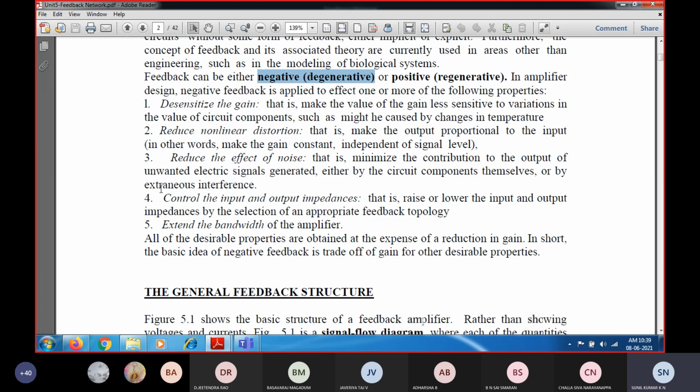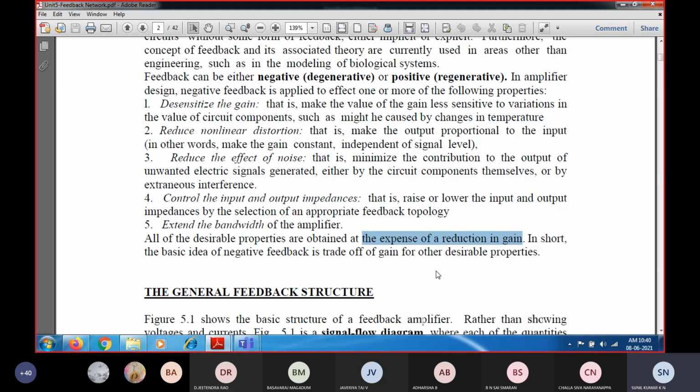At the same time, there is one negative thing in negative feedback. All these important properties are obtained at the expense of a reduction in gain. In negative feedback, you will not have a larger gain compared to the open loop amplifier gain.